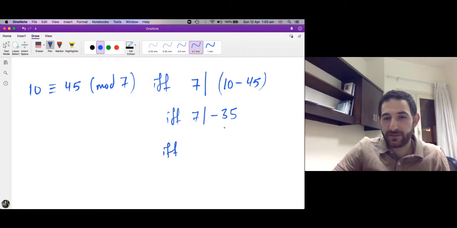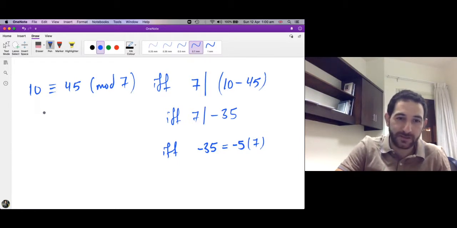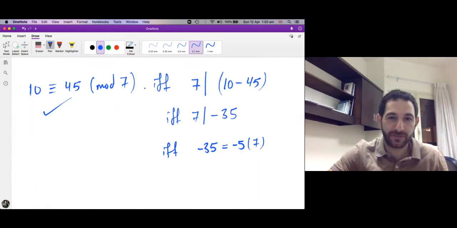What does it mean that 7 divides negative 35? It means that there is an integer k such that when we multiply k by 7, we get negative 35. And this number is negative 5. Since negative 35 is equal to negative 5 times 7, this is true. So we know that 10 is congruent to 45 modulo 7.